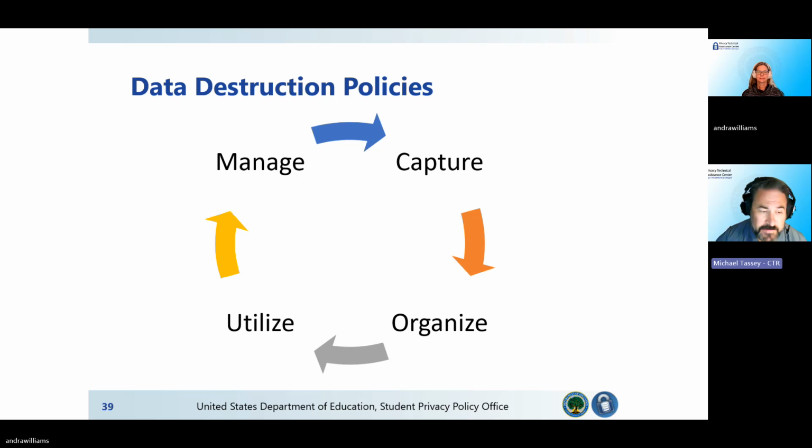Data destruction policies are a huge thing. Just to circle all the way back to the beginning of this conversation, they are an integral part of that data governance process, right? You determine what data you're going to intake, how you're going to manage it, what operational uses, how you're going to store and then eventually get rid of this data when it is no longer required for your organization. There's the big circular process here: capturing, organizing, utilizing, and managing.